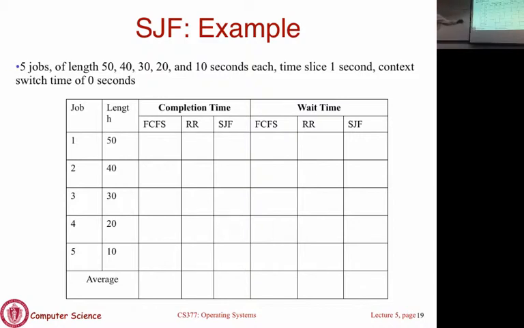You could also run this in SRTF mode, which I didn't speak about a whole lot. SJF is the non-preemptive version. SRTF does the same thing, but it does one time slice at a time. So all these 5 jobs have come in, you run the first shortest job, which is this one, you run it for a time slice of 1 second. At the end of that time slice, you are going to repeat. If no new jobs have arrived, the short job that has just run has become shorter.